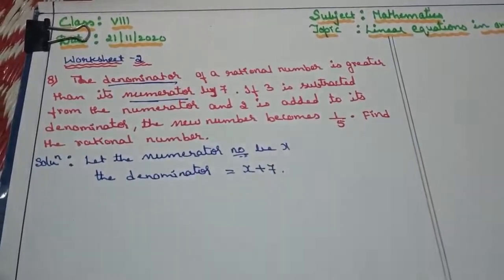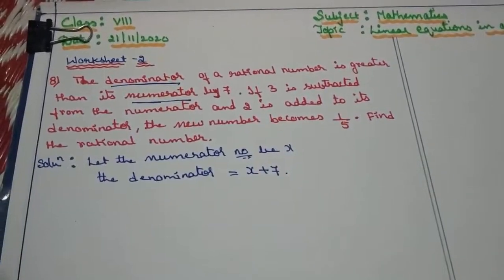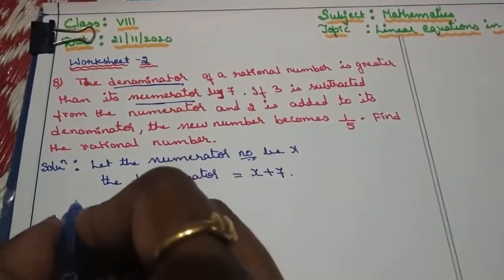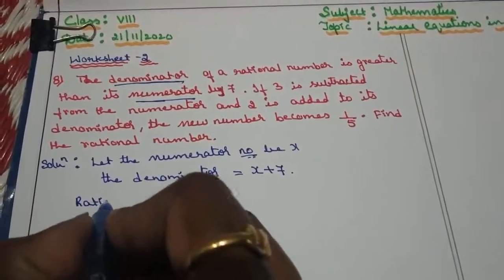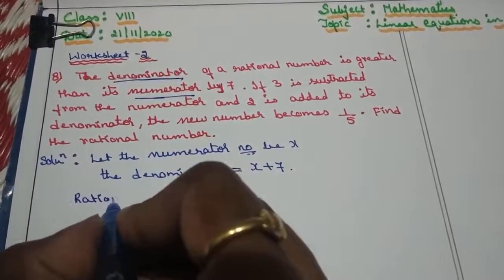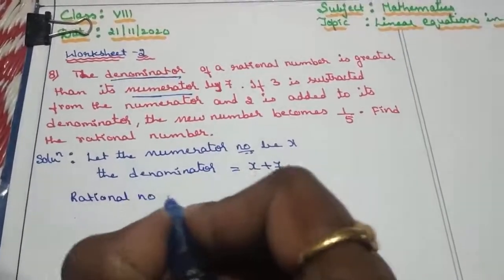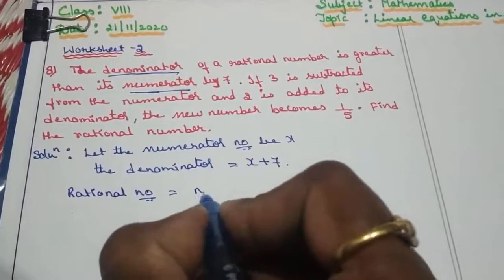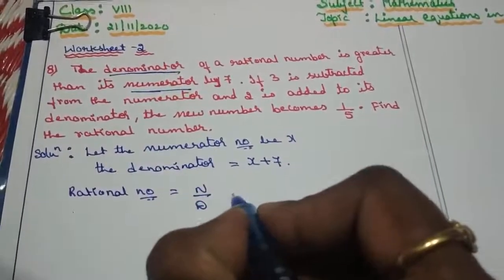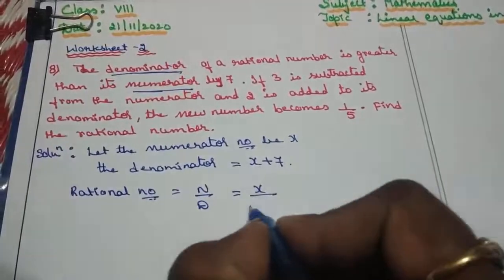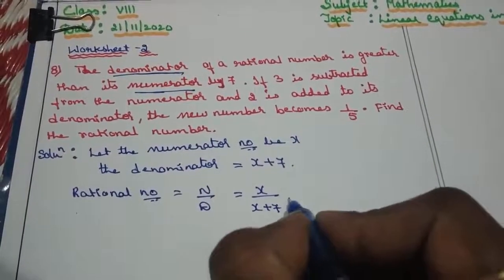So the denominator becomes x plus 7. Therefore the rational number equals numerator by denominator, that is x divided by x plus 7.